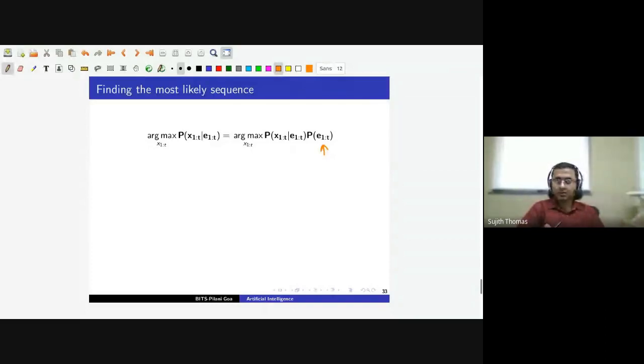Whatever be the case, the probability of observing this evidence will be a constant. It is not dependent on any one sequence of state variables. Basically, this again is a marginal probability, but we are marginalizing over all possible sequences.